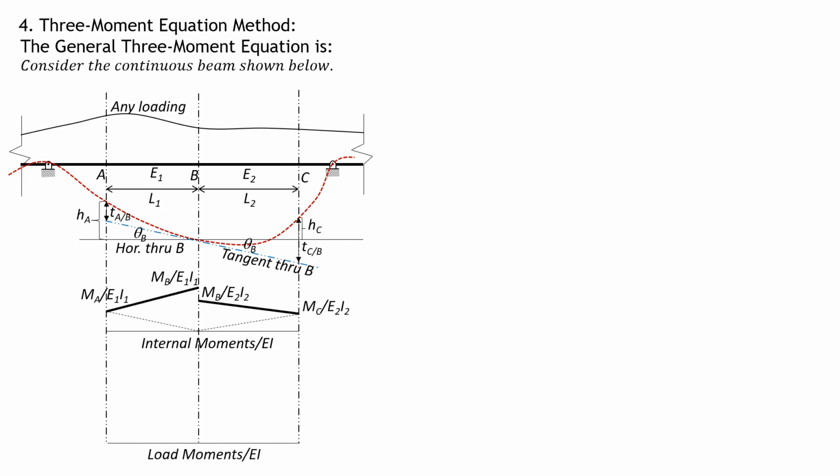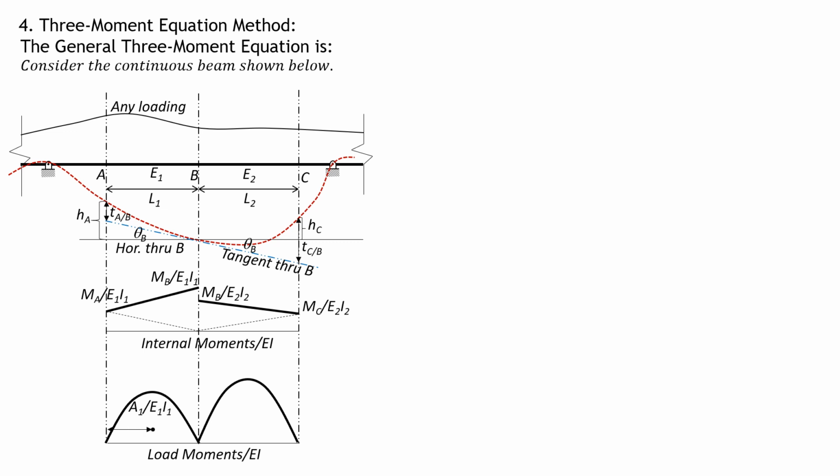This is the load moment diagram over EI. So in general, let's just consider the figure shown. The centroid of the area on the left, on span AB, from A, the distance is denoted by small letter a. So we call this area 1 over E1 I1.